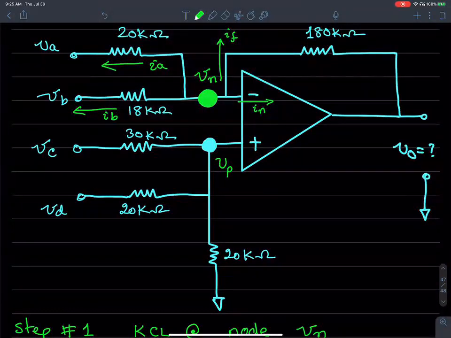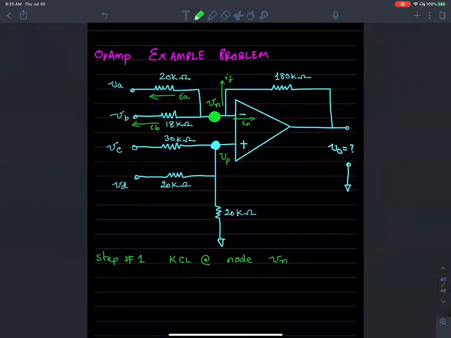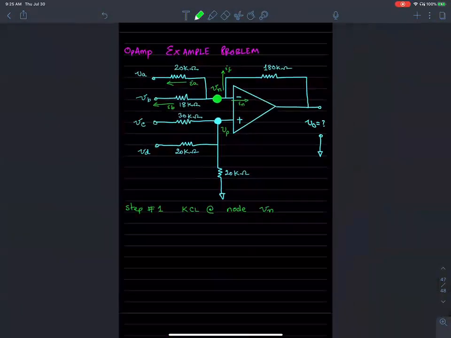At that node, there are two branch currents leaving towards the left, one going to the right and one going up.